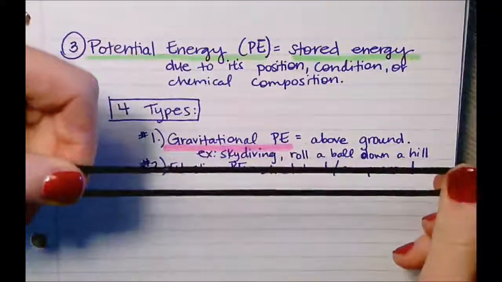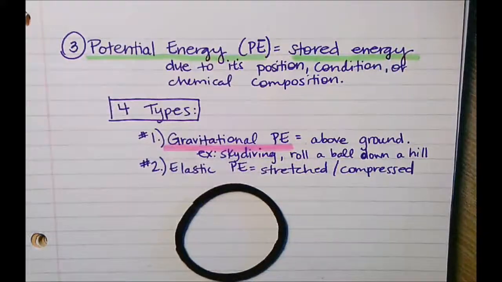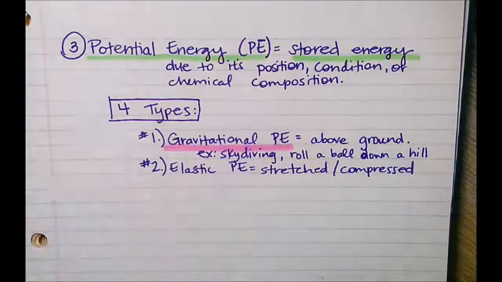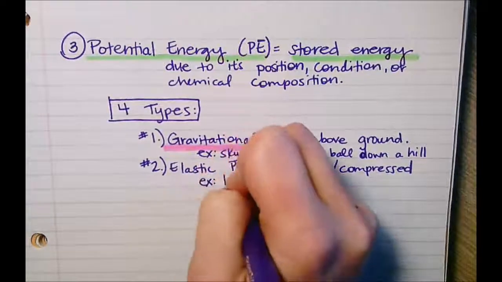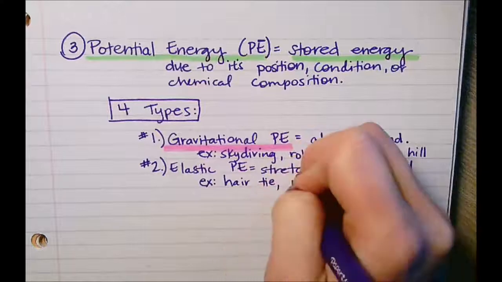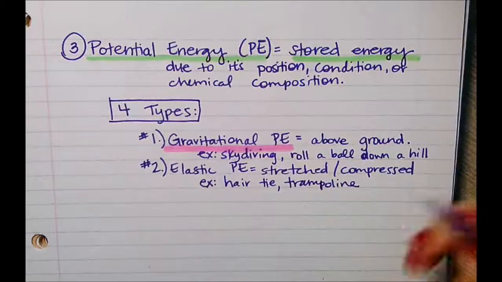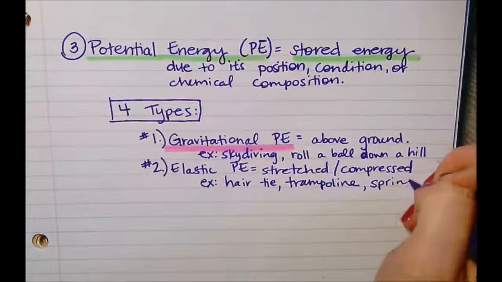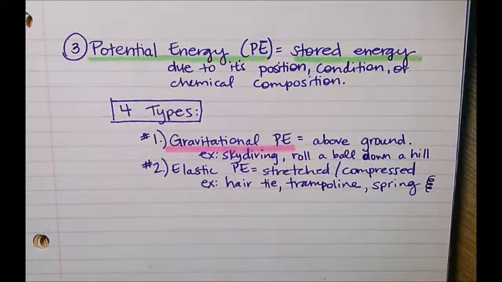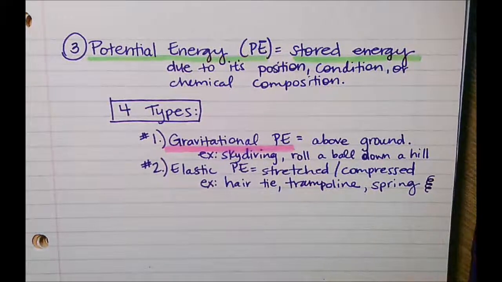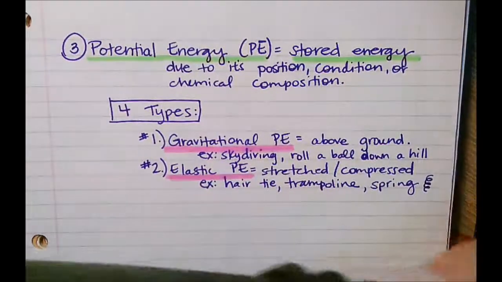If I pull it, I'm increasing its elastic potential energy, but when it's not getting stretched, it doesn't have a whole lot of elastic potential energy. So for example, that hair tie, a trampoline, a spring. Sometimes you'll have springs in your bike or something. So that's when it's stretched or compressed. That would be elastic potential.